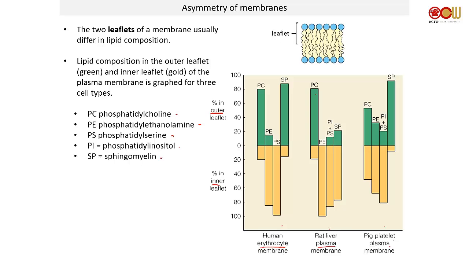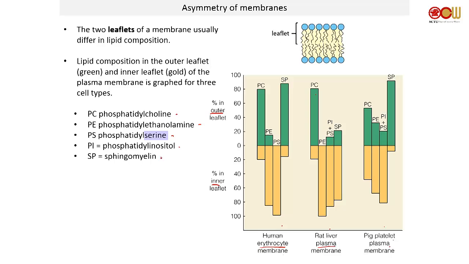Now, you should roughly know the difference between these lipids. Choline and ethanolamine have a positive charge. It's phosphatidyl, so it's a phosphate, and phosphate has a negative charge. Choline and ethanolamine have a positive charge, so these are sort of neutral in a way. By the way, PC, PE, PS, these three are sort of related.